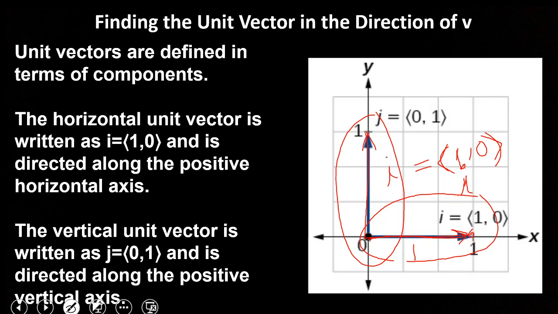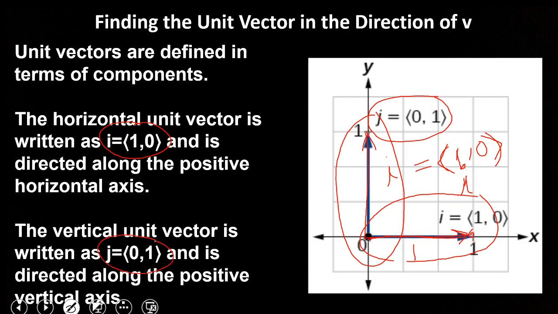So i is a vector (1, 0), which is a unit vector in the direction of the positive x-axis. And j is a unit vector in the direction of the positive y-axis.